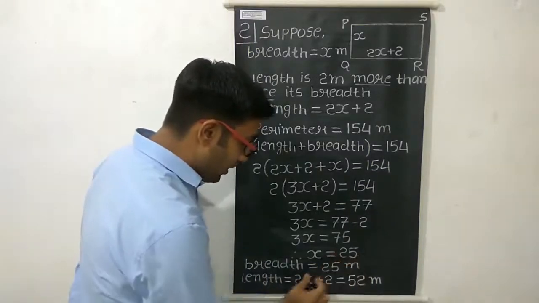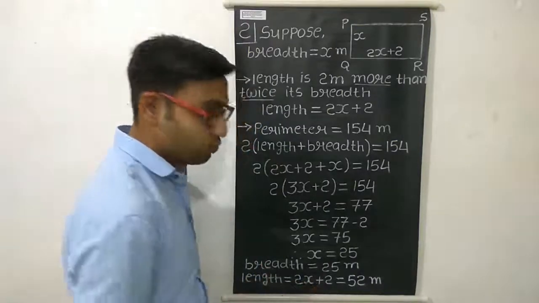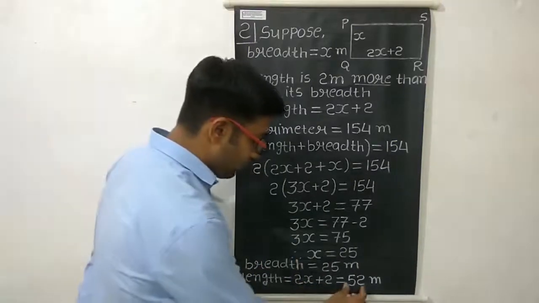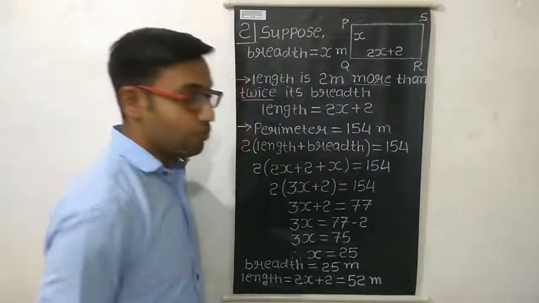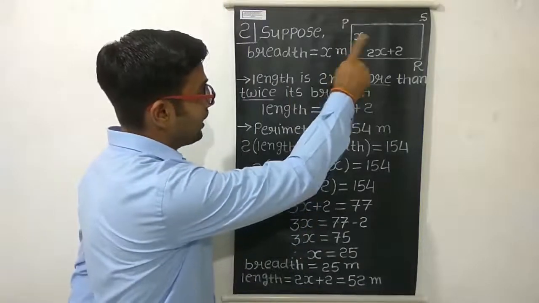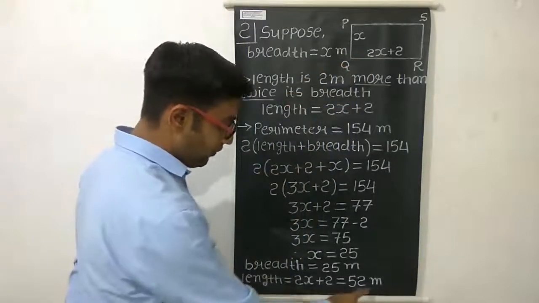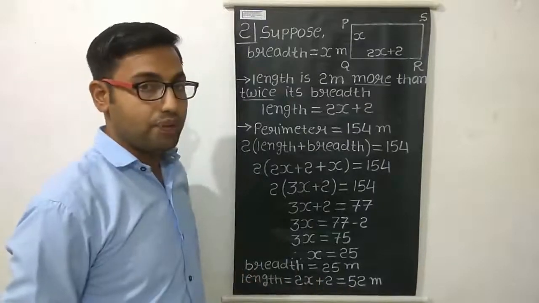So we get 25 into 2, that is 50, plus 2, 52. So the total answer we get for the length is 52 meter. So the length of this rectangular swimming pool is 52 meter and the breadth is 25 meter.